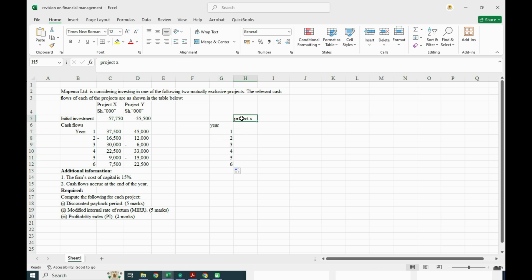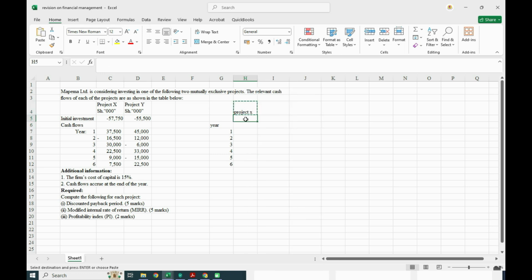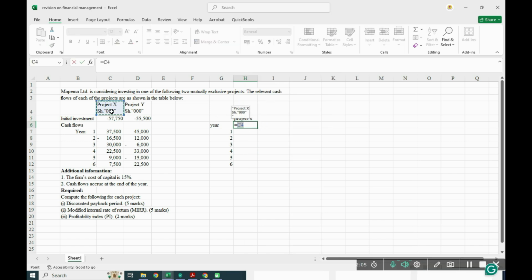I will paste the year label here. These are shillings in thousand, so there is no problem with this being here.